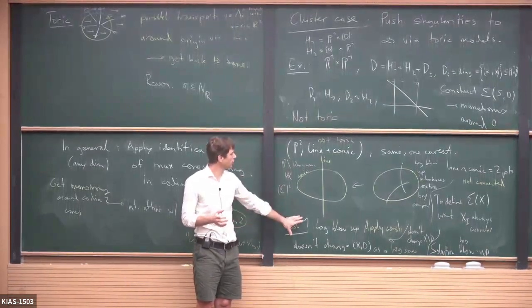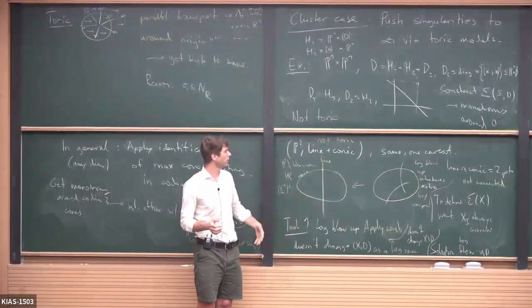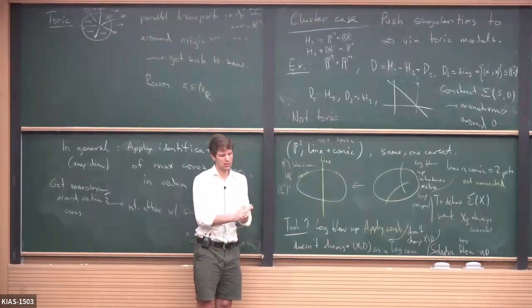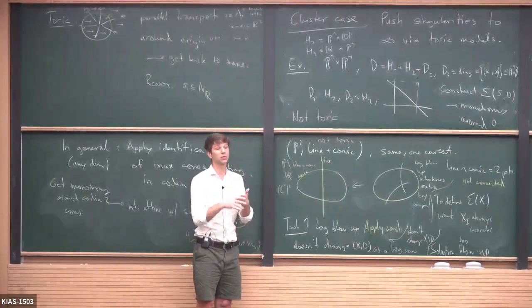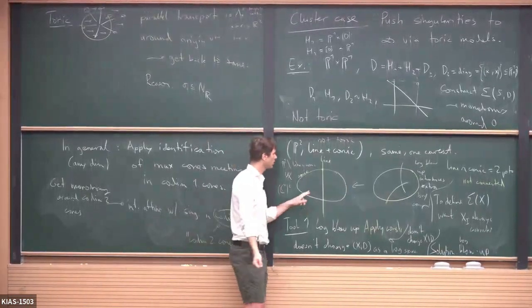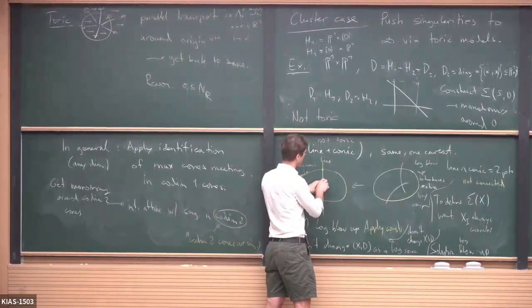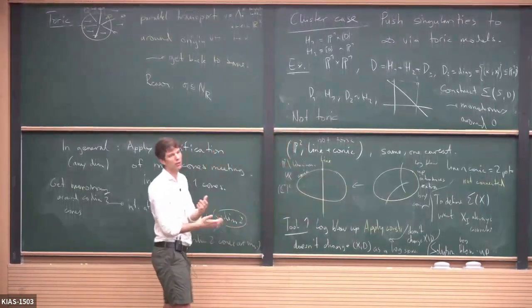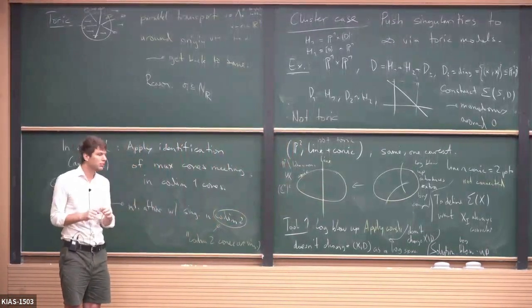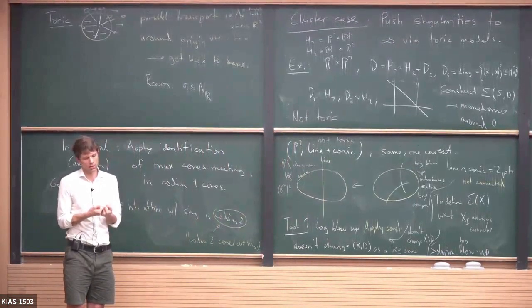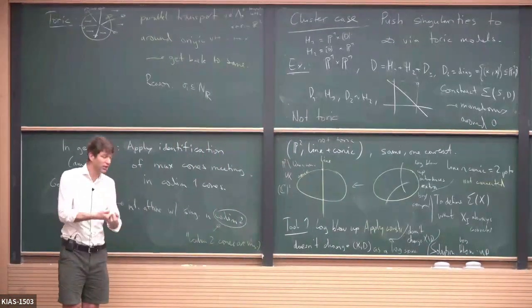And so this is the first type of blow-up, which is called the log blow-up, which doesn't change the cluster variety, the log space. And then in order to get cluster varieties, we need to allow more general blow-ups, where you're blowing up some smooth locus of the divisor. In this case, you would be blowing up a smooth point of the divisor, not a strata. And then this will really change the spaces.